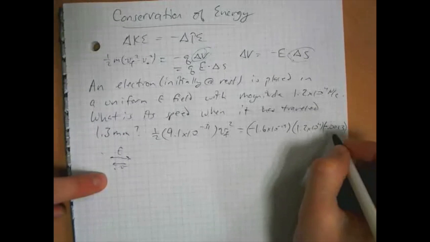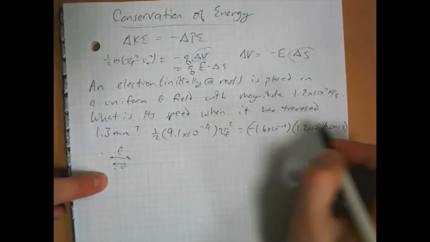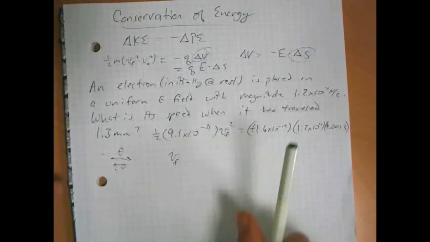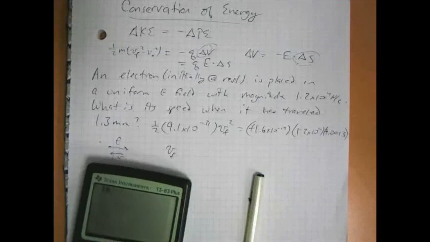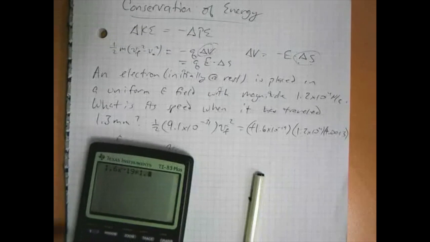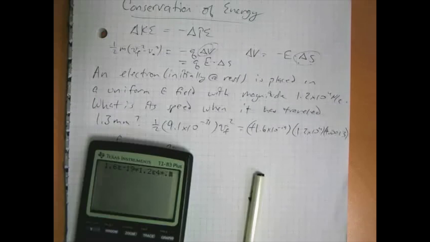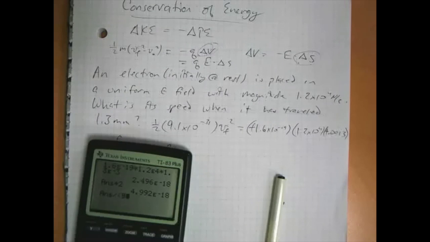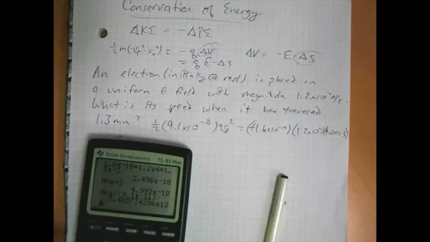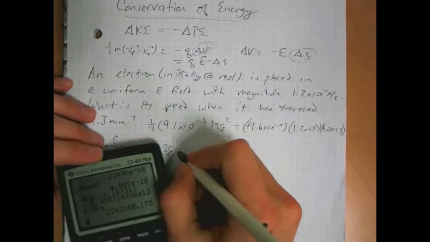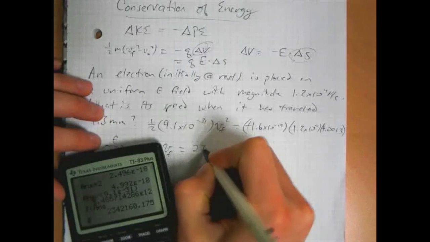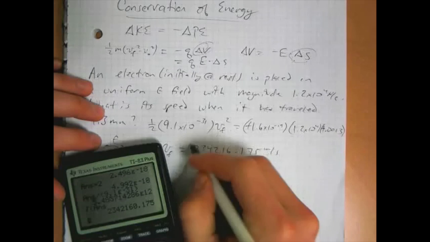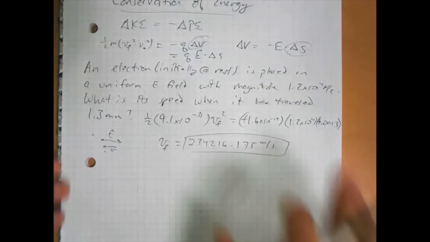Therefore, the negatives cancel out and we have a positive, which is good because then we get a real number for V final instead of an imaginary one. We type this in: 1.6 times 10 to the minus 19th times 1.2 times 10 to the 4th times 1.3 times 10 to the minus 3rd times 2, divided by 9.1 times 10 to the minus 31st, square rooted. It turns out our electron has a very large final velocity, 234,216.175 meters per second, which makes sense because an electron is really, really little.